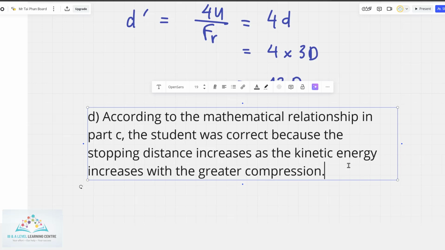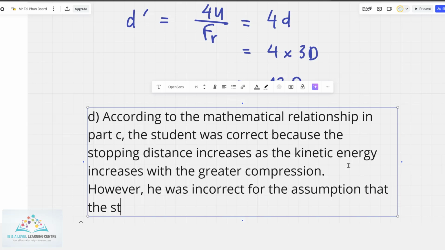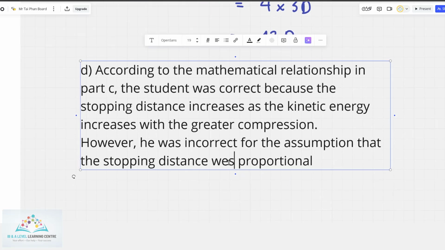However, he was incorrect in the assumption that the stopping distance was proportional to the compression.